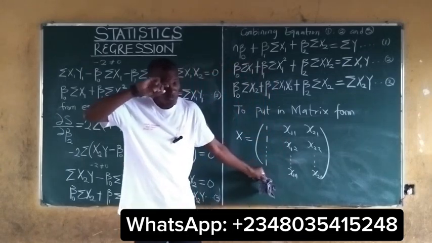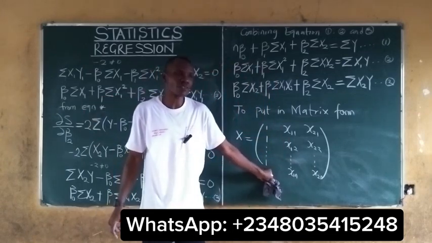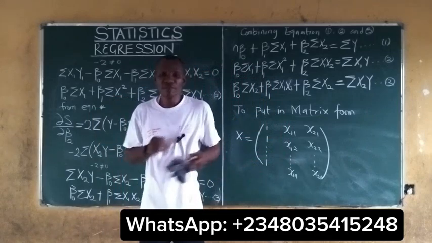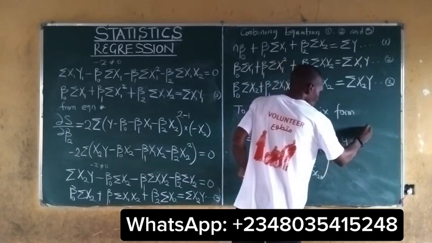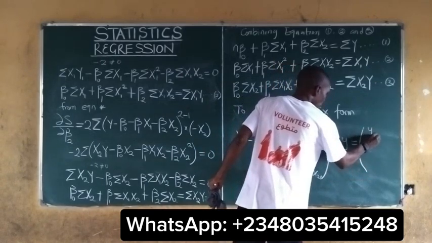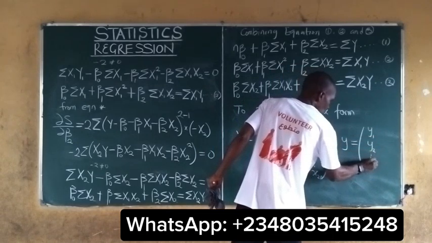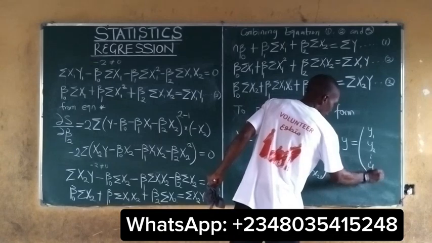That is what we get for our x values. Our y values will give us something like this: y1, y2 to yn.